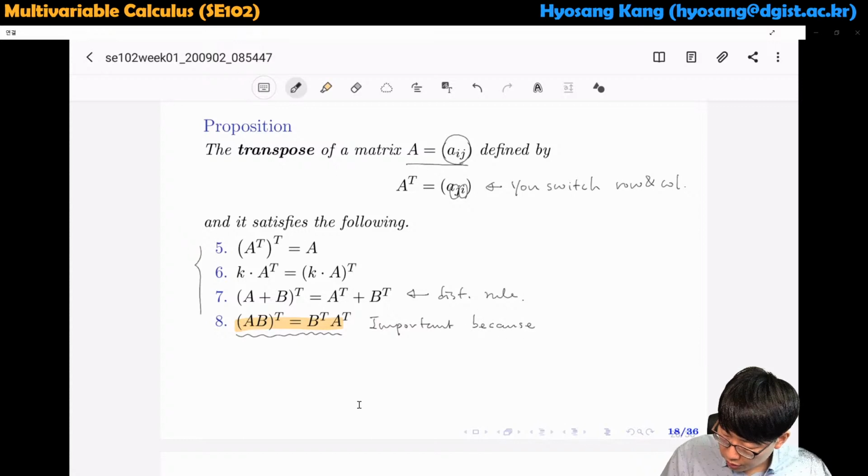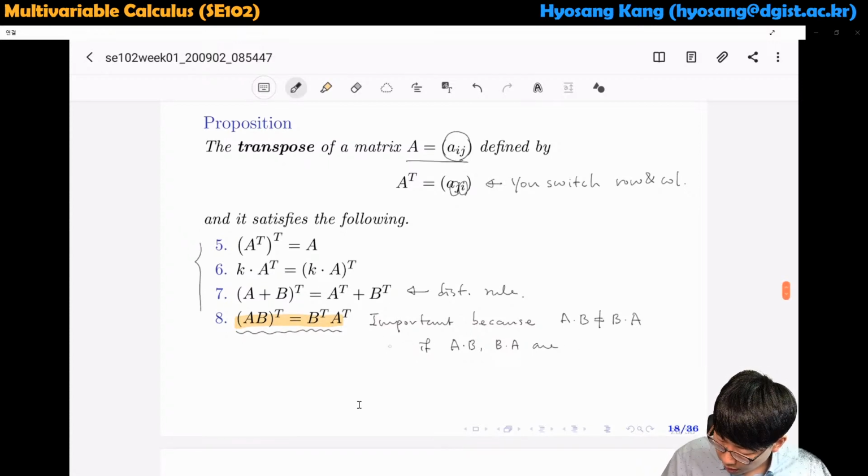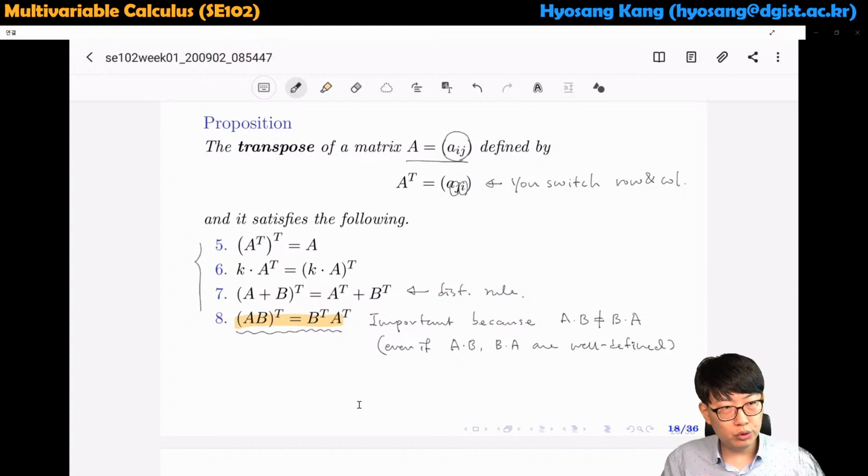In general AB is not equal to BA, even if these matrix multiplications are well defined. So you cannot switch the order of multiplication.